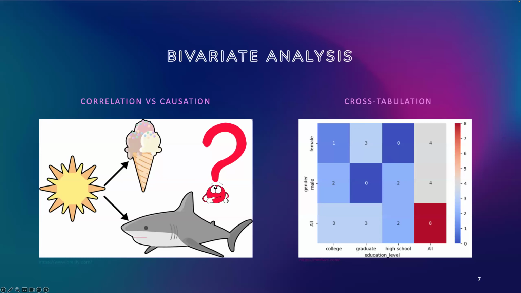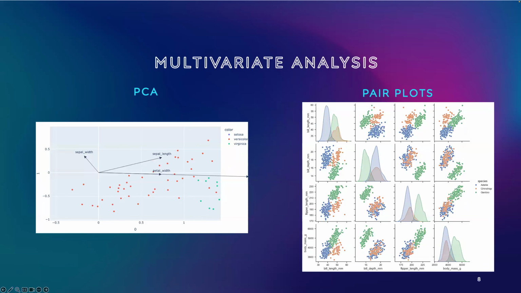Now, if we look at multivariate analysis, there are different types of analysis that we can employ here, but these two are very common, and we're going to look at some of them in more detail later. Principal component analysis. This is a supervised method that is used in machine learning for feature extraction and also in other types of EDA.